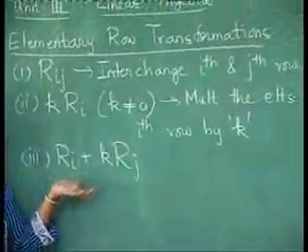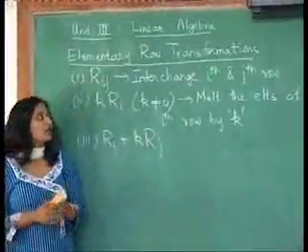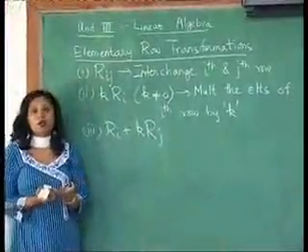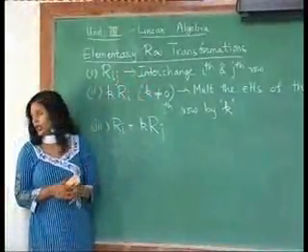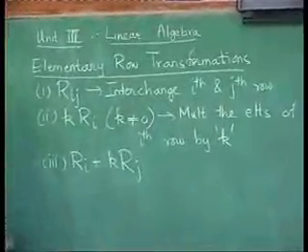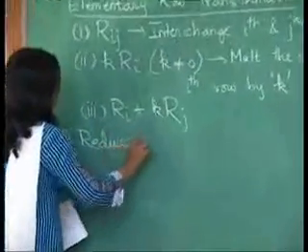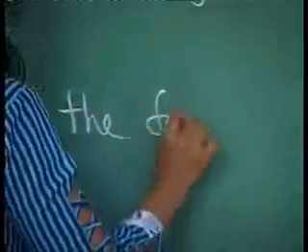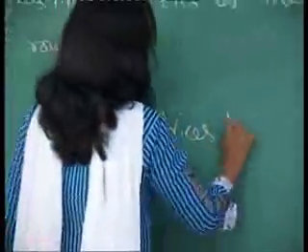In exactly the same manner, one can define elementary column transformations. Now let us see how we can use elementary row transformations to reduce a matrix to the echelon form. So let's start with the problem. Reduce each of the following matrices to the echelon form.